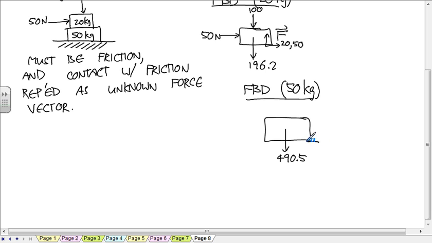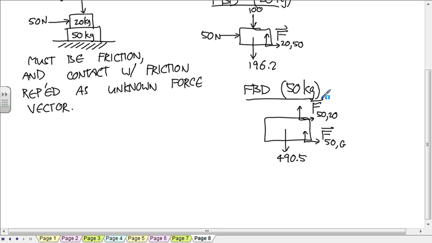So I'm just going to write that as the unknown force vector on the 50 by the ground. And there's also a force applied to the 50 by the 20. That's at the top, so there's going to be another force vector F on the 50 by the 20.